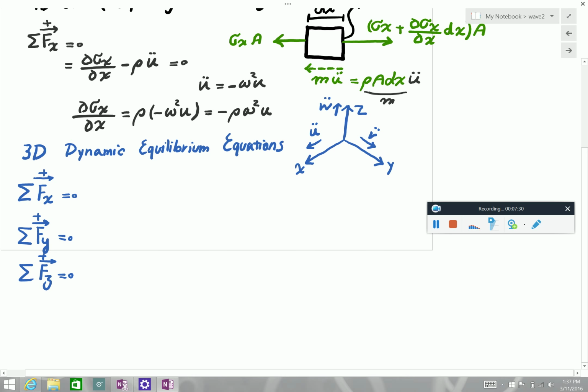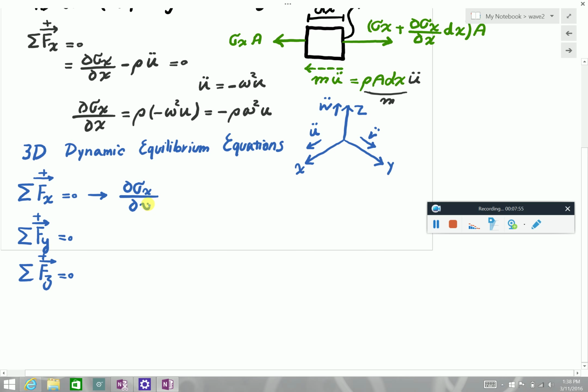So we just write it. I don't really want to go through the details as I told you in class, but this is easy to see. It will be an extension of what we had before.